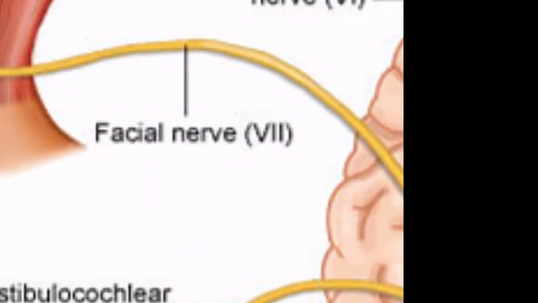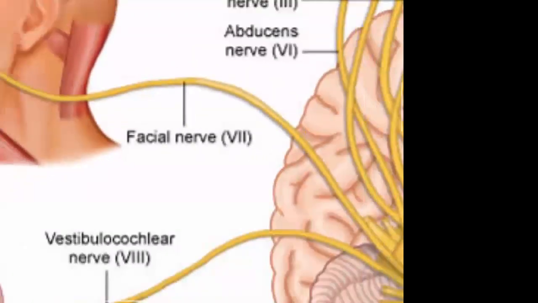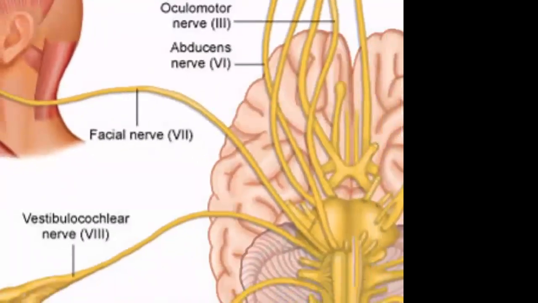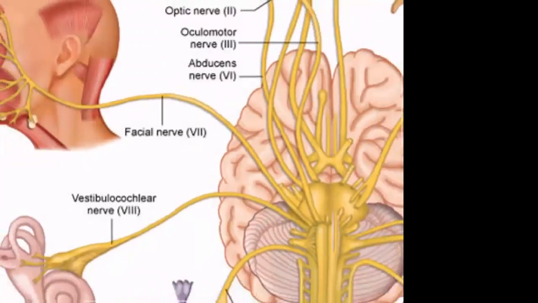Sometimes what you'll see written is a capital C, a capital N, cranial nerve, and then the Roman numeral. Is it important to know cranial nerves? Yes. Is it important that you know them all right now? No. But let me go through them and I'll point out some ones that you should know and you will want to know as the course moves on.